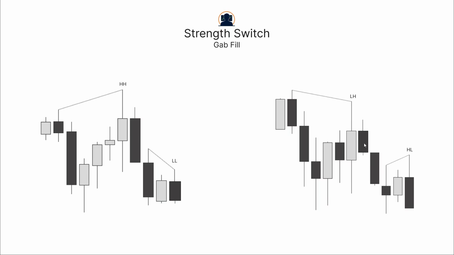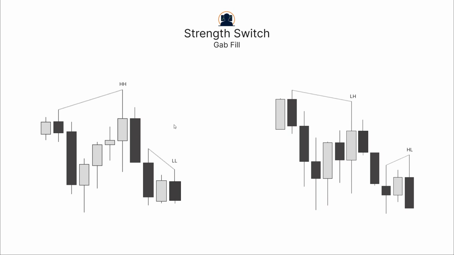Maybe this asset, the weaker asset, already delivered to the draw on liquidity, right? But now this stronger asset needs to catch up to this draw on liquidity, needs to trade to this draw on liquidity. What will happen? This weaker asset now will momentarily switch strength and become the stronger asset, giving room for this asset to switch strength to become the weaker asset in order to catch up to this draw on liquidity, right?